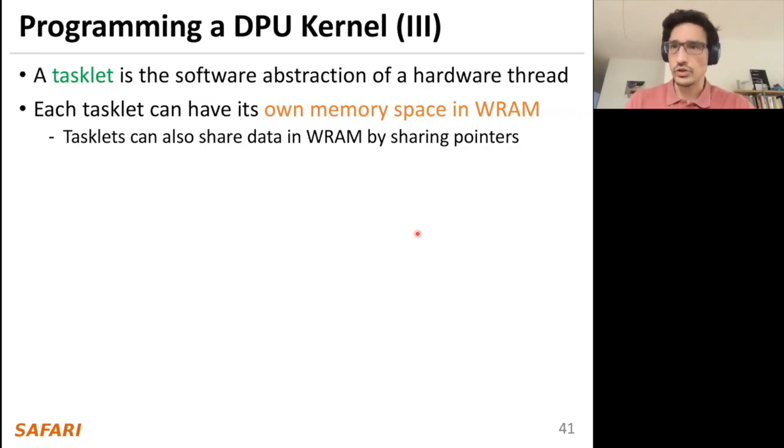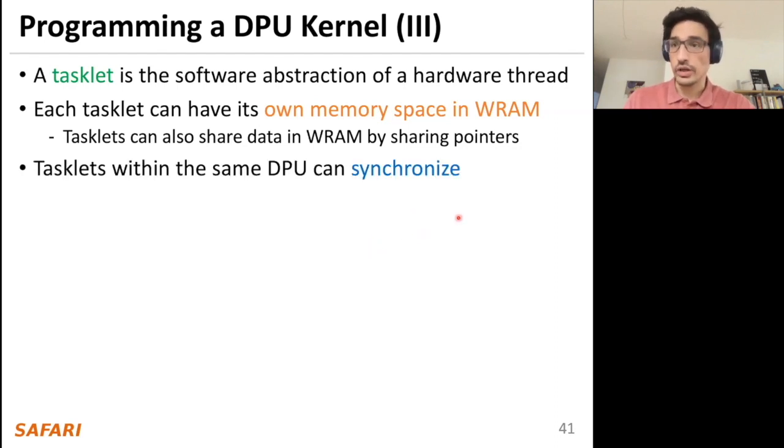Each tasklet, as you have just seen, has access to its own memory space in WRAM. And it's possible, as I mentioned as well, for a tasklet to access the WRAM space reserved or allocated by a different tasklet, right? For that, you need to somehow share pointers, but it's definitely something doable, and we are going to see an example in the next slides.